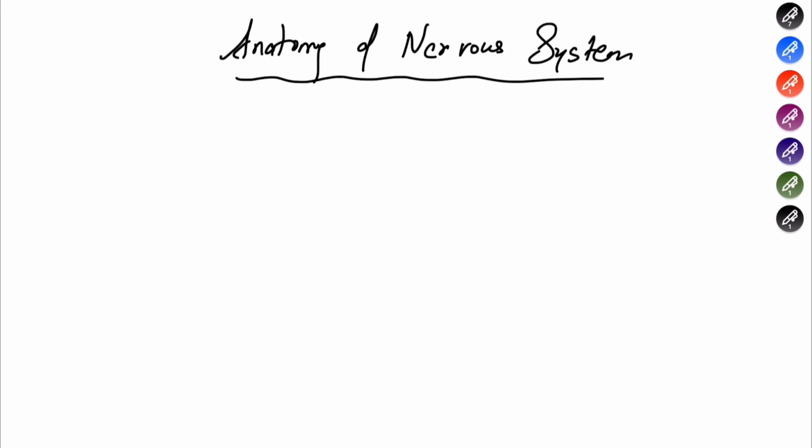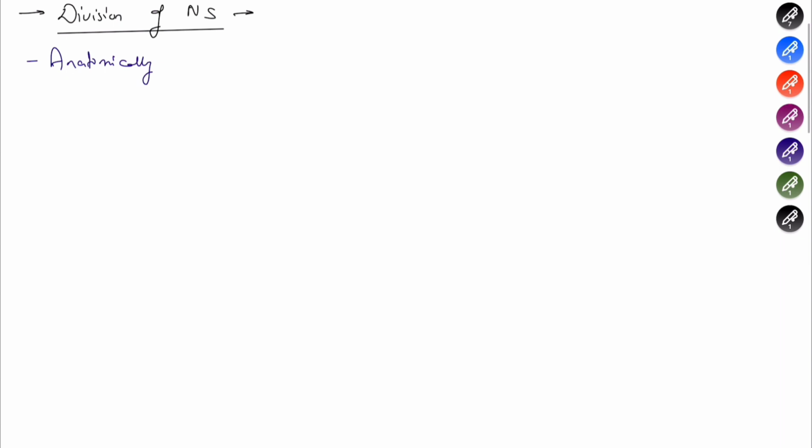So we divide the nervous system anatomically and functionally. Let's see division of nervous system. NS means nervous system. We divide anatomically as central nervous system and peripheral nervous system.